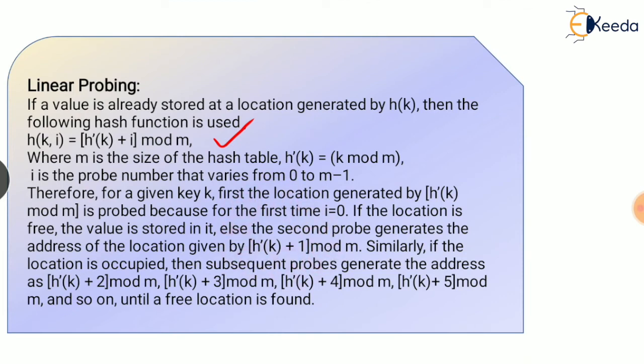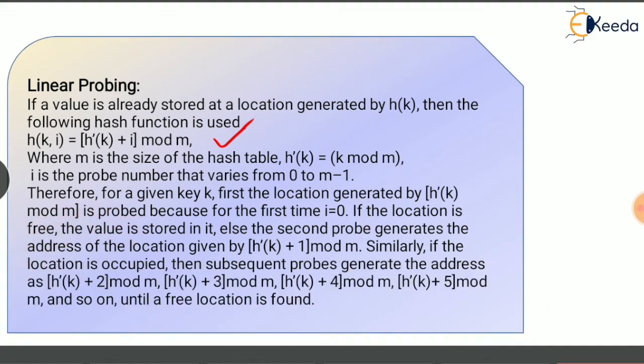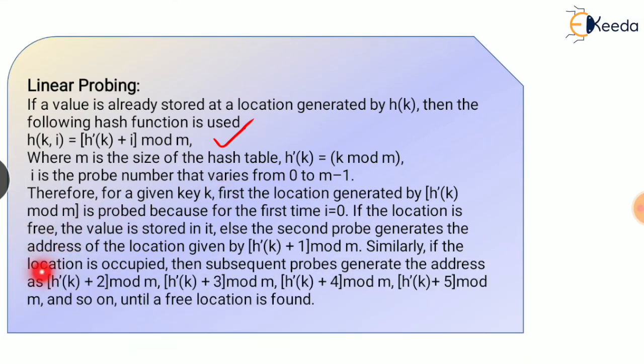Similarly, if the location is occupied, then subsequent probes generate the addresses (h'(k) + 2) mod m, (h'(k) + 3) mod m, (h'(k) + 4) mod m, and so on.